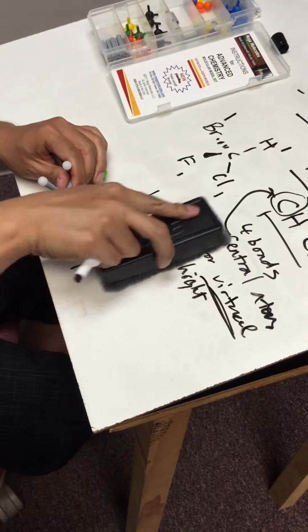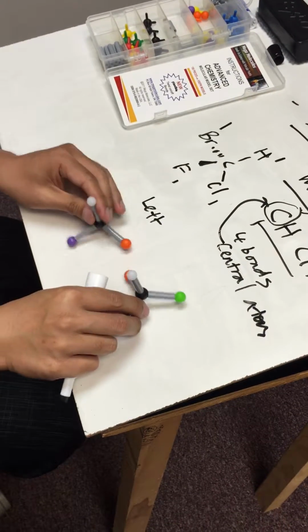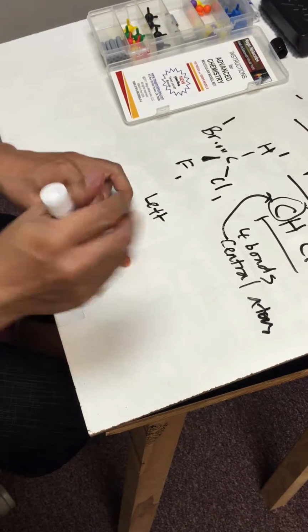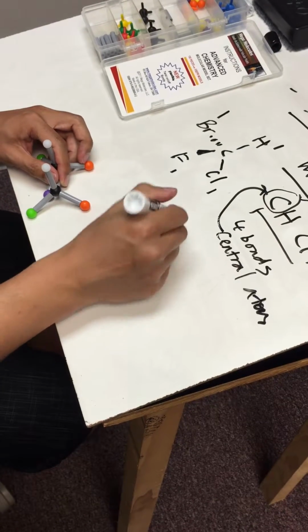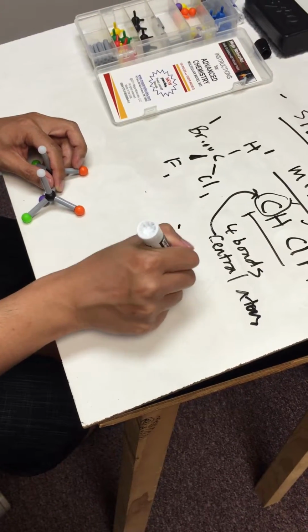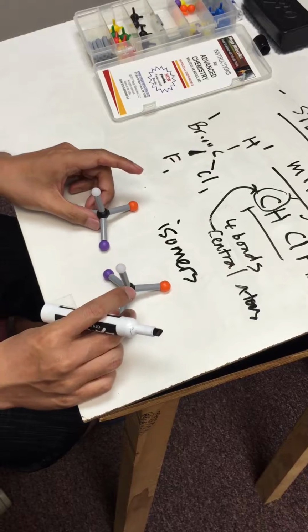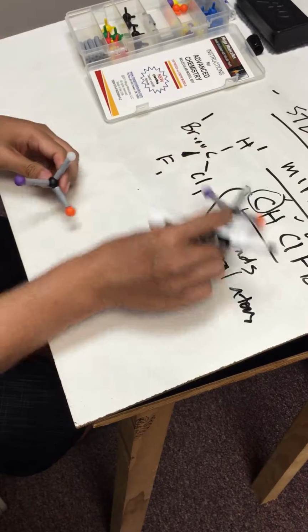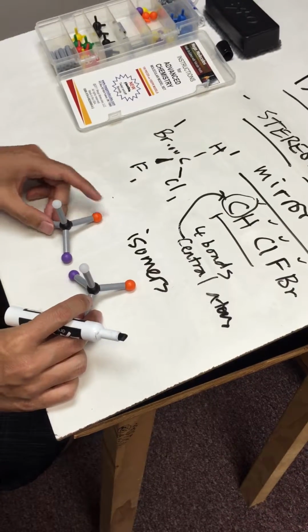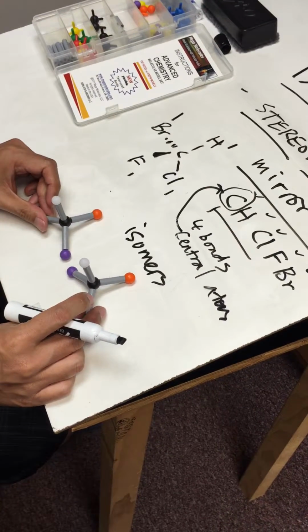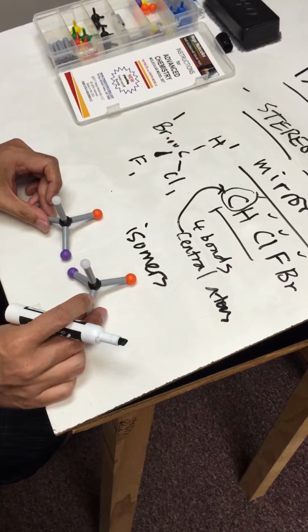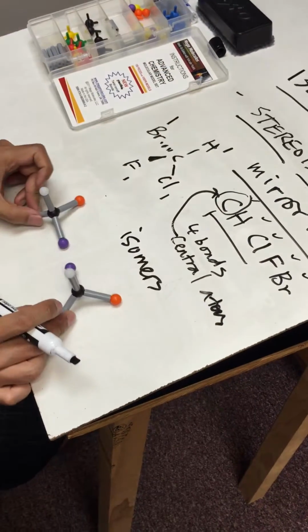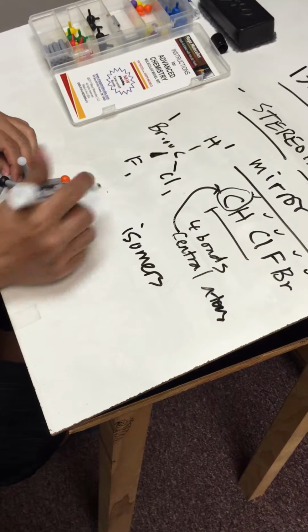But pretend that we don't really have a mirror. You're looking at two different molecules. These are actually isomers of each other. These are two different molecules, and they're different from each other not because of the chemical formula, but because of the position of the atoms in the structure. So they're mirror images, and they are stereoisomers.